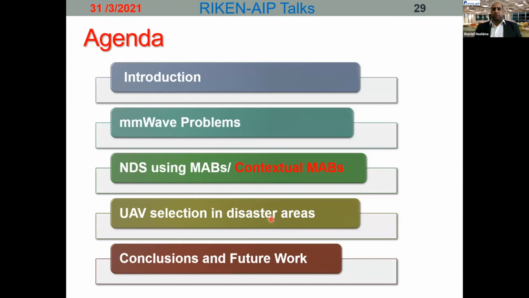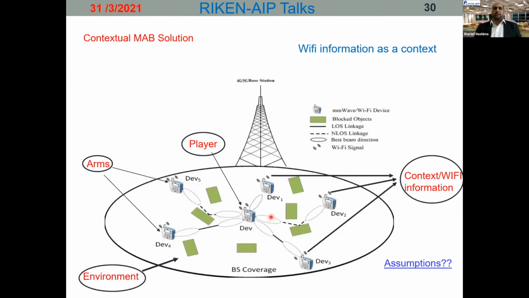Now we will move to the solution of neighborhood discovery selection using contextual bandits, by making use of standardized communication devices, where any communication device has to be backward compatible with the previous version. So any 5G device will be compatible with 4G devices. So we can make use of the Wi-Fi information of these devices as a context.